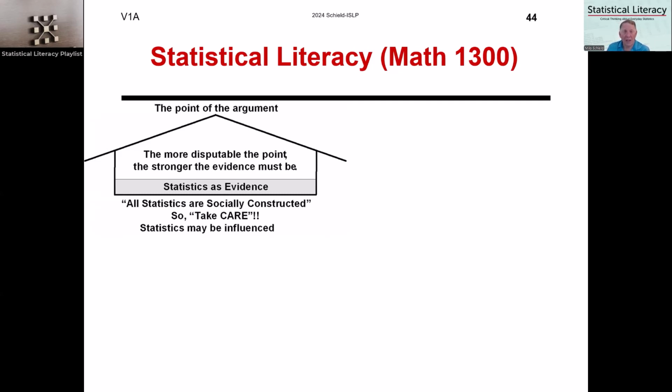Somebody went out with a question of interest. They decided who to survey, what questions to ask, what data to collect. So the results, the statistics, can easily be influenced. So what's the advice? Take care. All statistics are socially constructed.